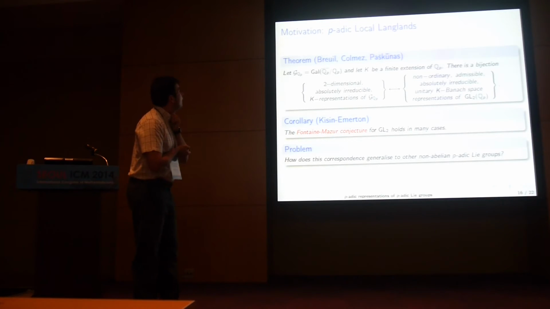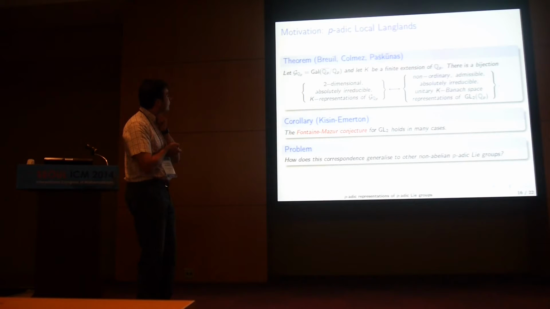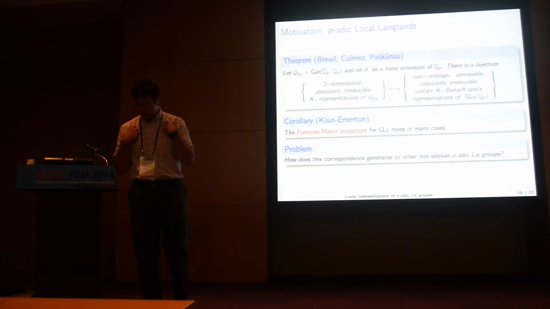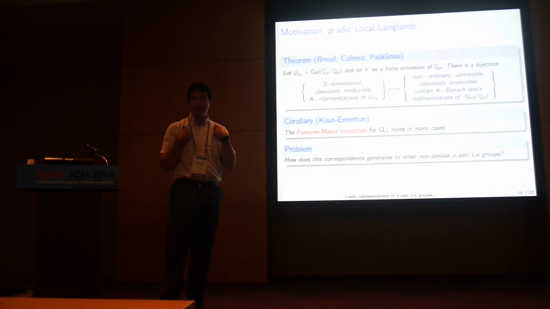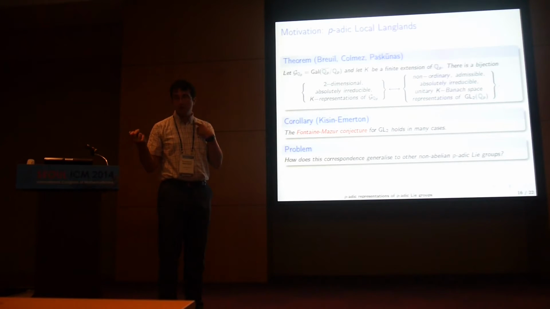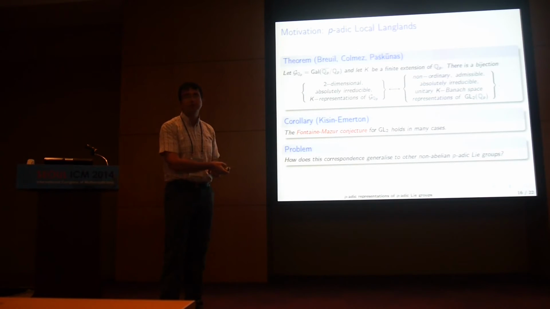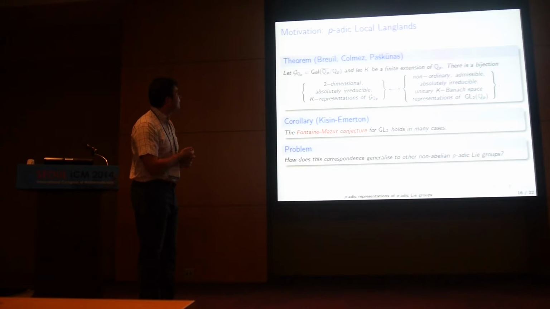One thing number theorists are interested in is trying to find some kind of bijection, some kind of correspondence between, on the one hand, representations of a Galois group, the Galois side, and on the other hand, representations of a reductive Lie group. On the reductive Lie group side, you have automorphic forms, and on the Galois side, you have Galois representations. And this is a particular instance of such a correspondence called the p-adic local Langlands correspondence for a particular p-adic Lie group, GL2 of Q_p.